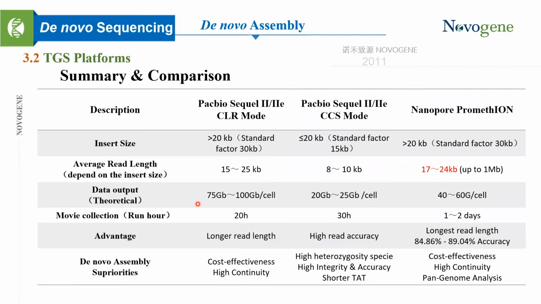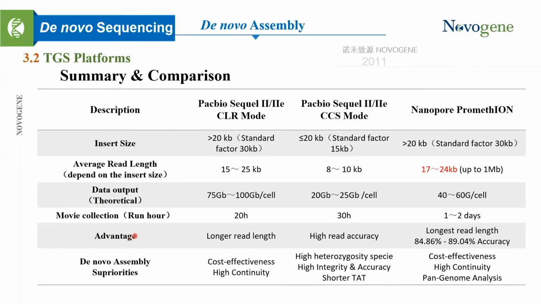And this is a summary and comparison of two third-generation sequencing platforms: PacBio CLR mode, CCS mode, and Nanopore, for the insert size, average read length, data output, and movie collections.